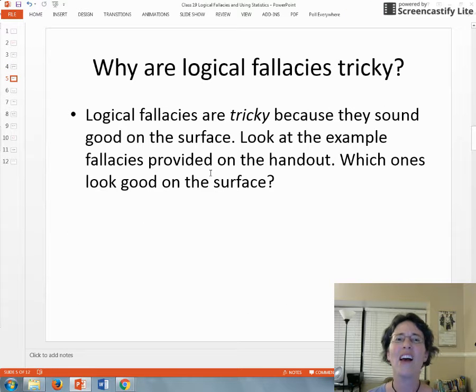Welcome back. One of the things I want to discuss now that you've read the chart is why logical fallacies are tricky. Like logos, ethos, and pathos, you've probably noticed that some of these words are in ancient languages. There's Greek, there's Roman. Why are these logical fallacies named in these ancient languages?